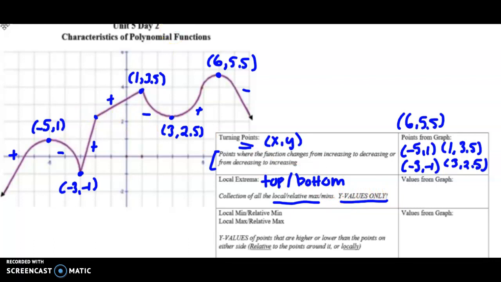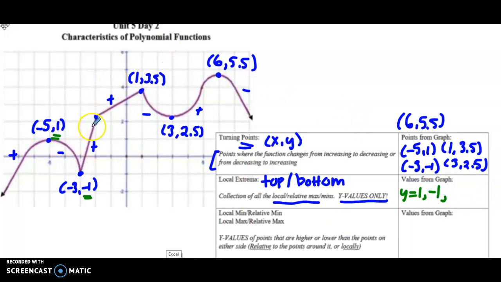Okay, so for this one, your local extrema is y equals 1. I'm going to label it y equals just so you remember it's just your y values. Now, if you take a look at this point right here, this is kind of like at the bottom of a hill. This -1, this y value, is lower than all of the other points around it, okay? So that is -1, okay?